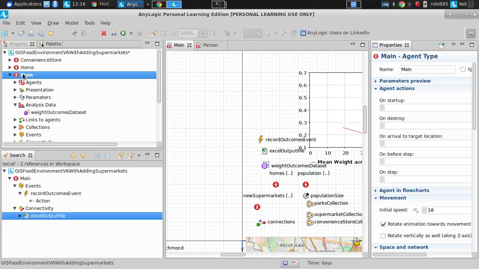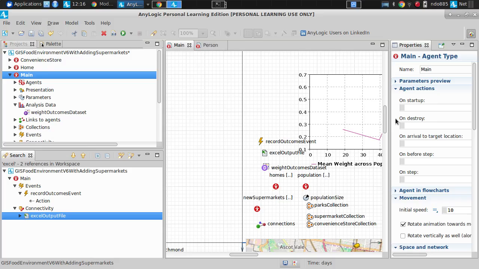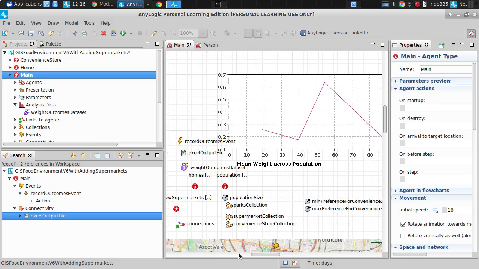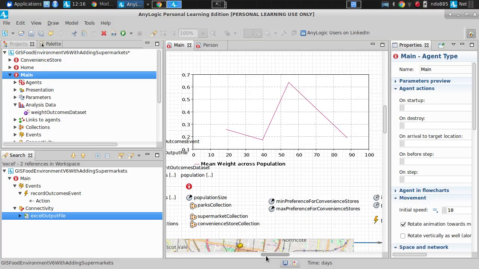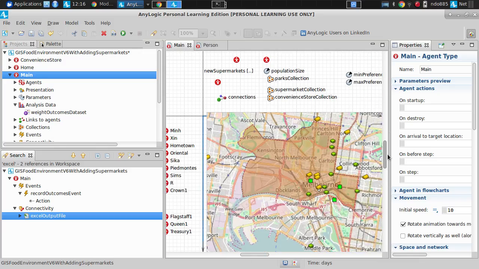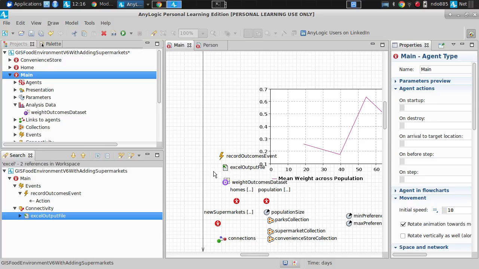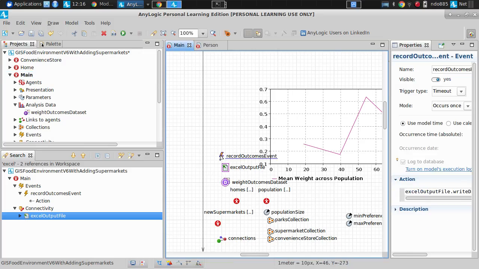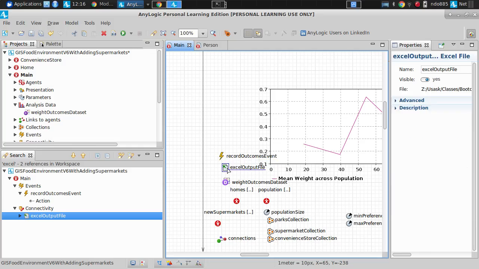If you go to main, and you go within main to the left-hand side, okay? So let me get over there. On the left top, above this map, you'll see a record outcomes event, which writes to an Excel output file.